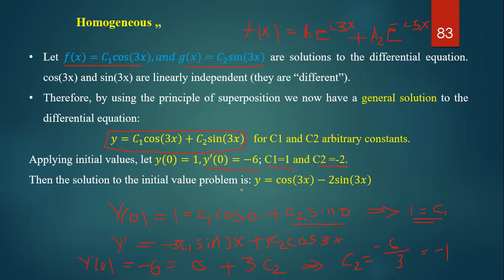So substituting these constants, finally we get y of x is equal to cos 3x minus 2 sin 3x, which is the solution for the homogeneous equation.